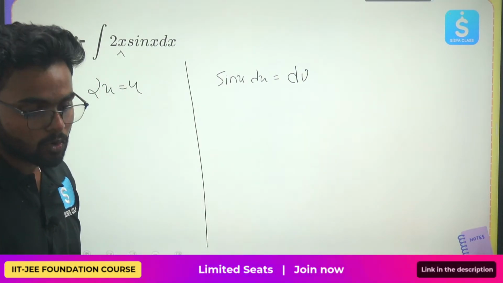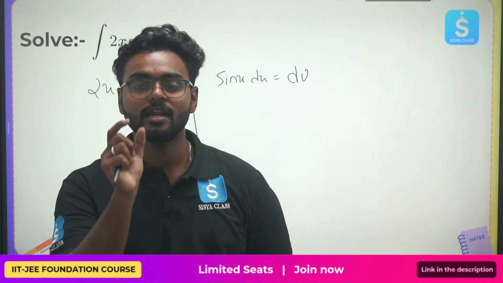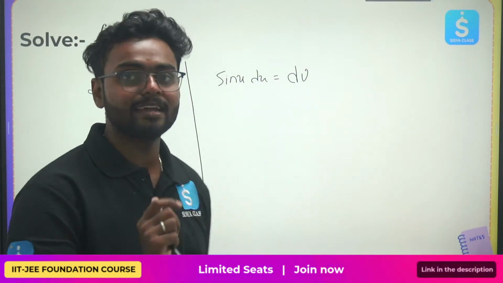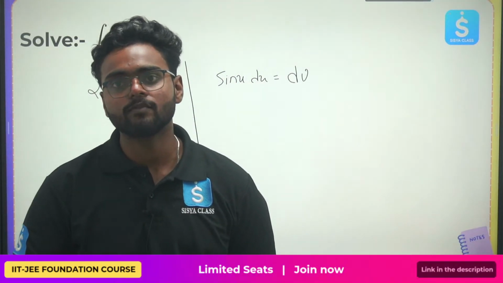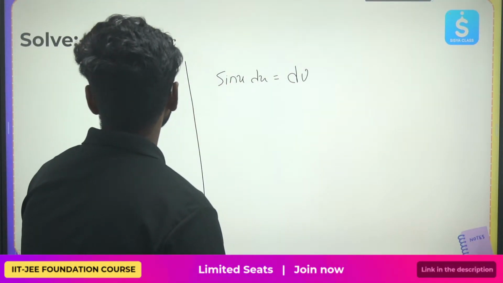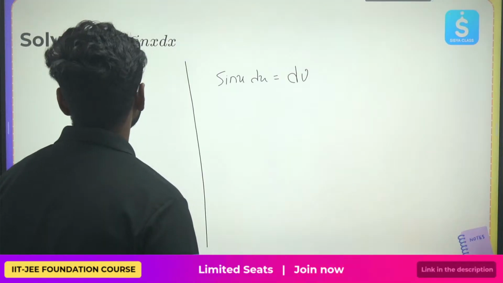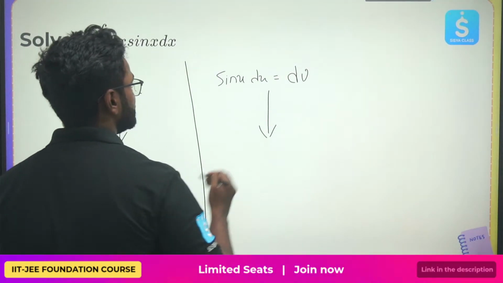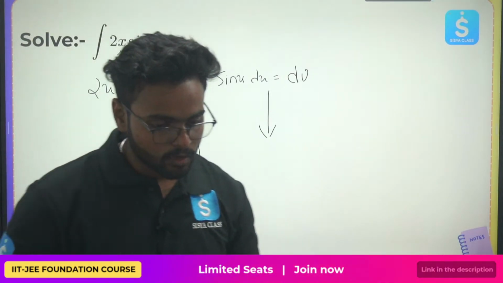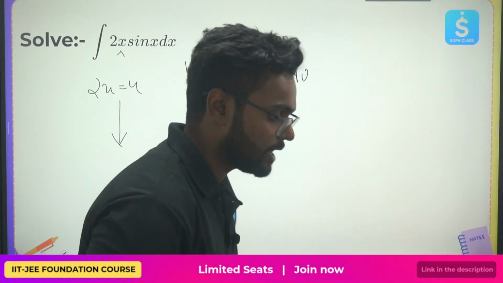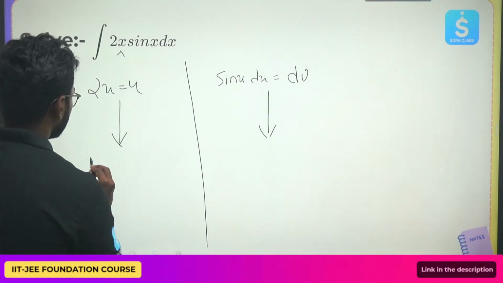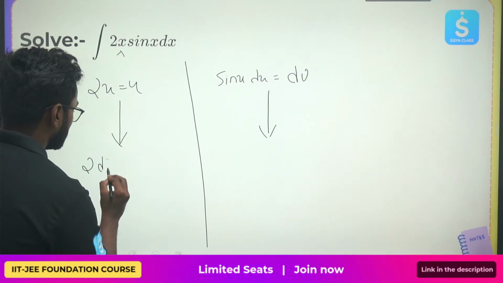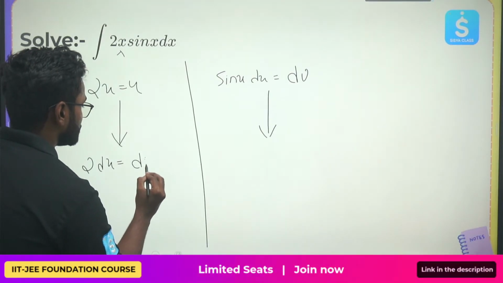Now, an important thing to remember is we have to differentiate one function and integrate the other. We would be differentiating this function and integrating this function. It is important to remember which one you are doing, right? If we do this, we get 2 dx is equal to du.